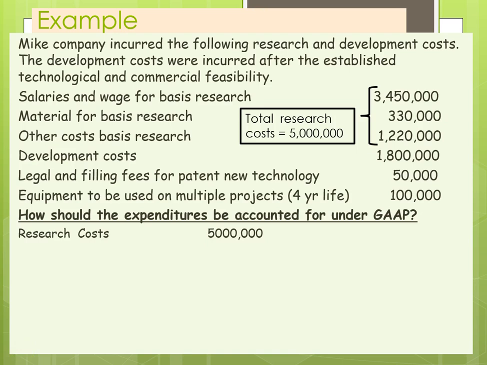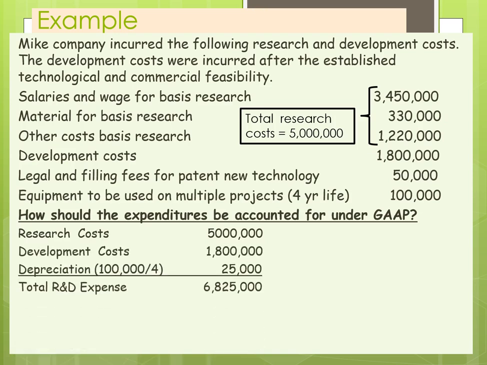How should the expenditures be accounted for under GAAP? So we would take the research costs and the development costs and the depreciation for a quarter of the $100,000, because it's good for 4 years, and we would expense $6,825,000.